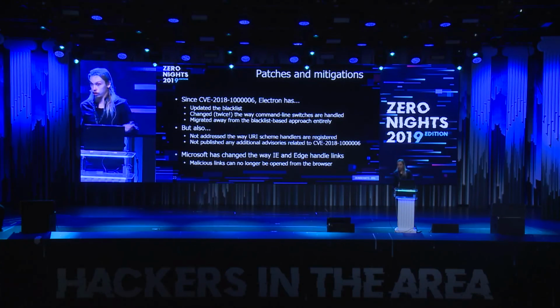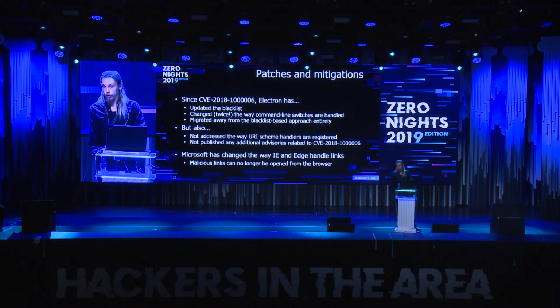And URI handlers are still being registered in the same way, so they haven't addressed the root cause of the issue. They've just changed the way they're mitigating the issue on top of that. But anyway, developers still don't know that there was something wrong in the original patch.